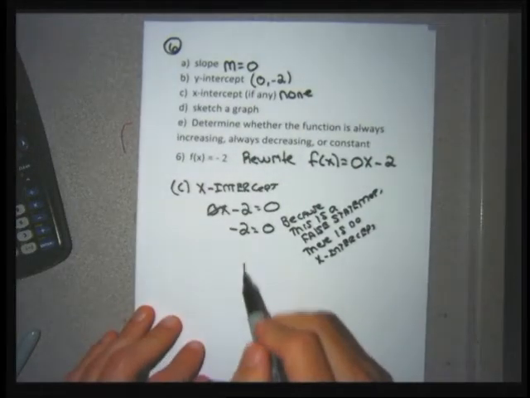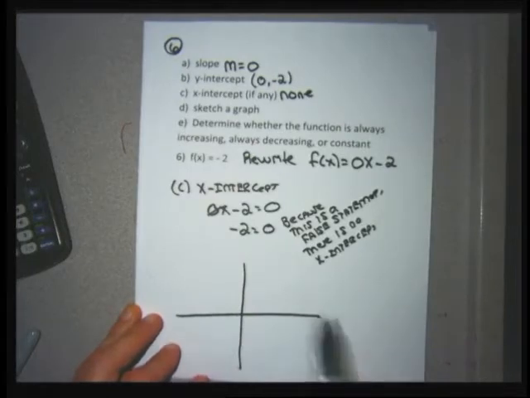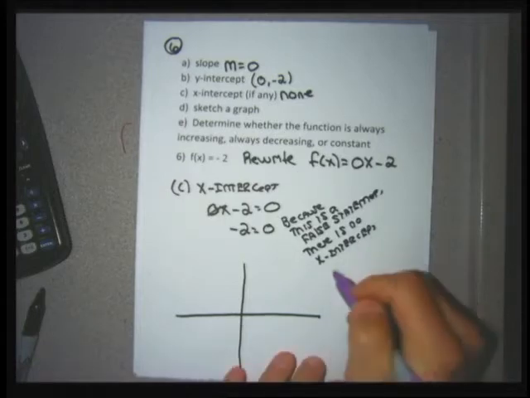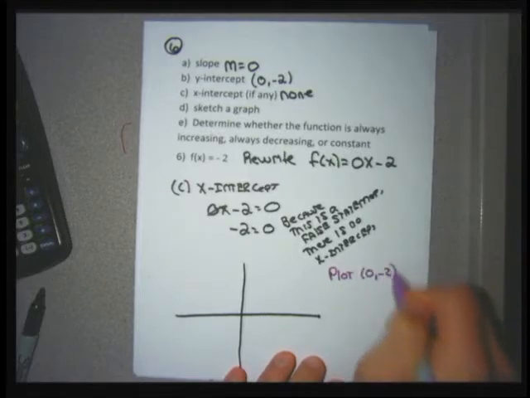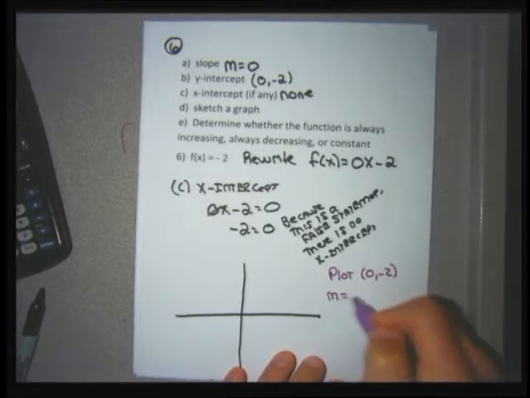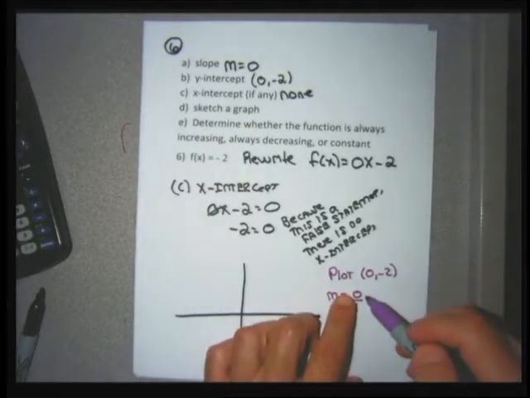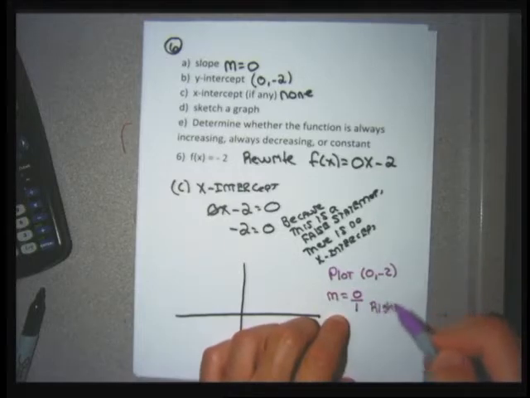I can graph this remarkably well without using my graphing calculator. You might need your graphing calculator to do this. So I don't have two intercepts to plot, but I could plot the point 0, -2, which is the y-intercept, and then the slope, I can rewrite in fraction form, which is 0 over 1, and it tells me to get from one point to another, I don't go up or down, I only go right 1.